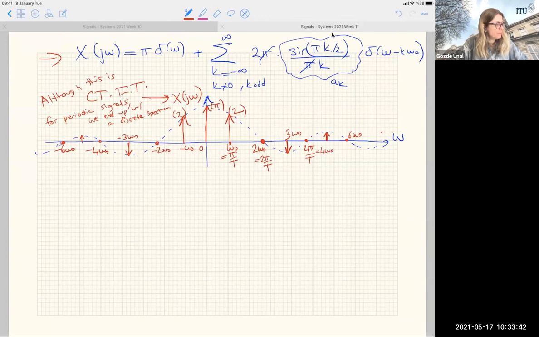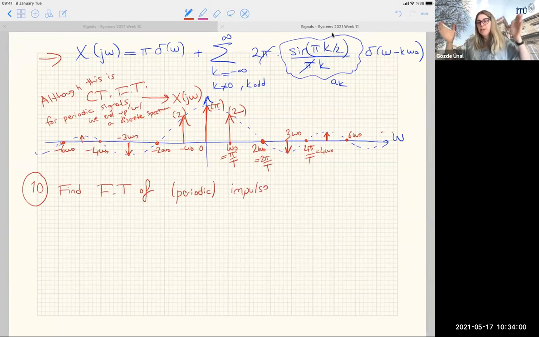So now let's do a final example where we want to find the Fourier transform of a periodic impulse train. It's already periodic. When I say impulse train, it's an impulse function separated by some given period.